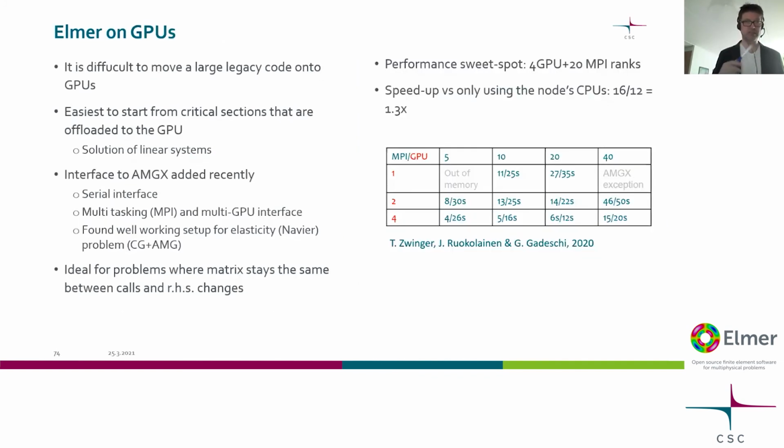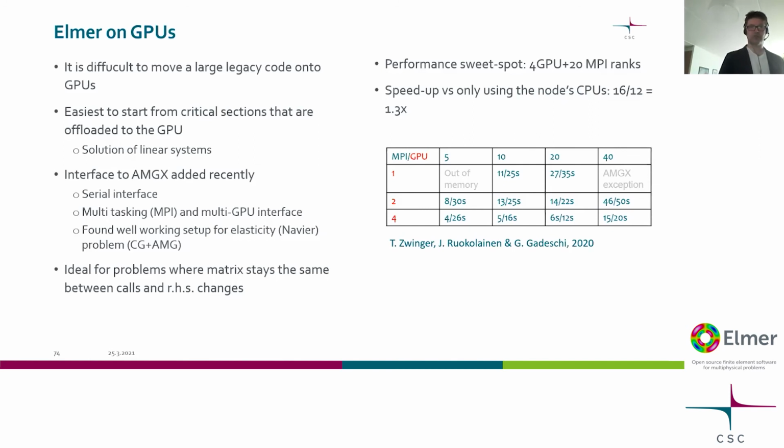I guess this is about the EMGX, yeah. So I dropped the information in the Q&A that we have an experimental branch of Elmer that enables the offloading of the linear solution step, not the assembly, to GPUs. And this works quite okay.